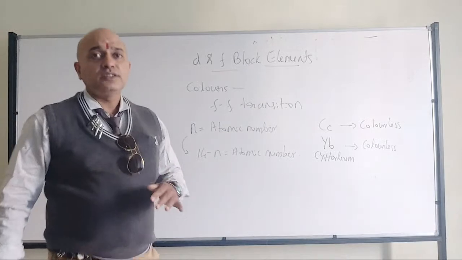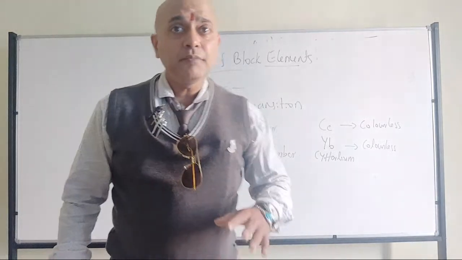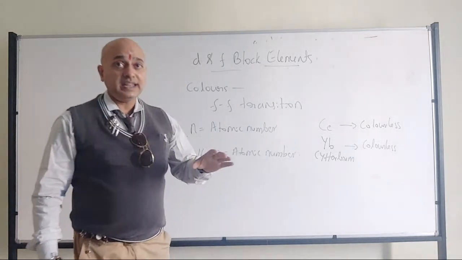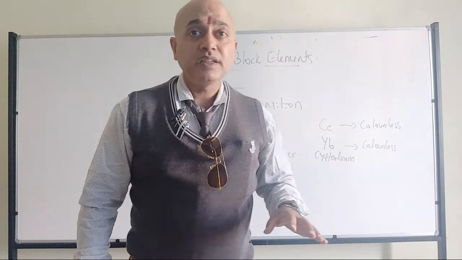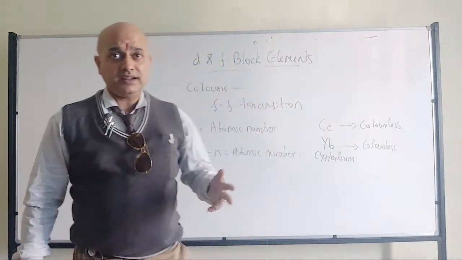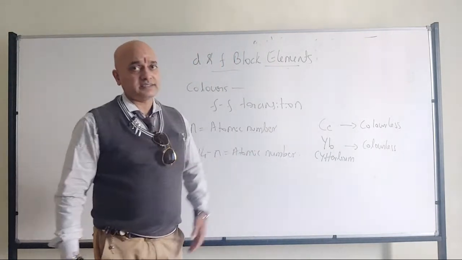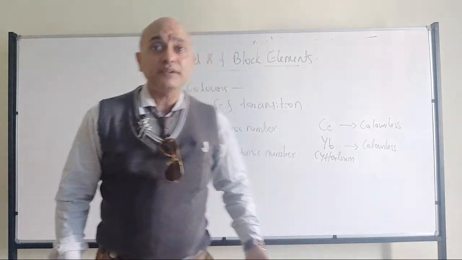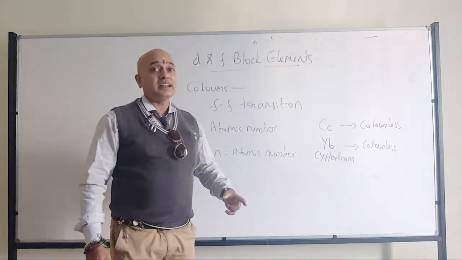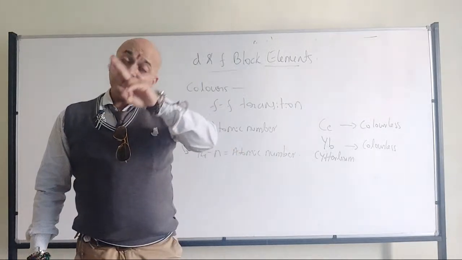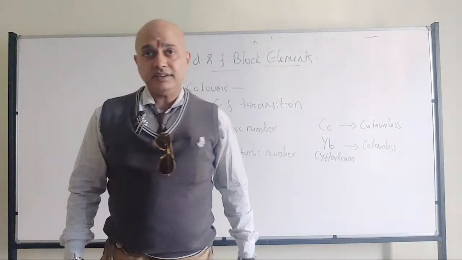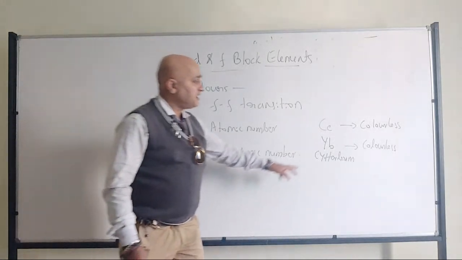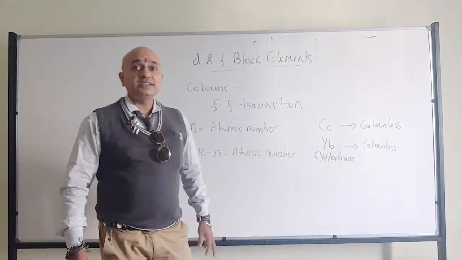Don't worry, no one is going to ask in detail, but you should know that if any element in the 4F series has one particular color, here I have taken colorless, then the 13th element will have a similar color. That's where we have ytterbium, which is colorless.